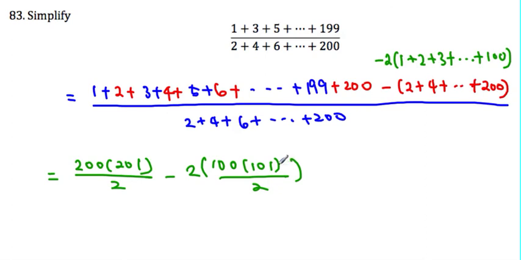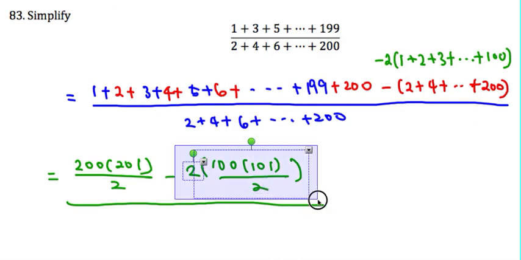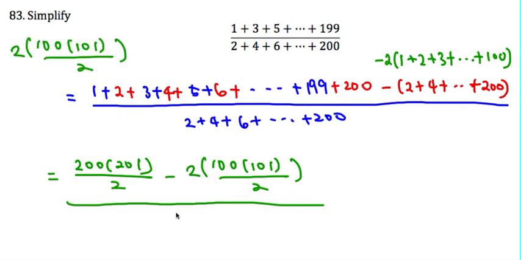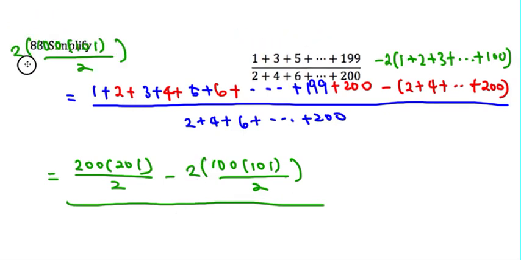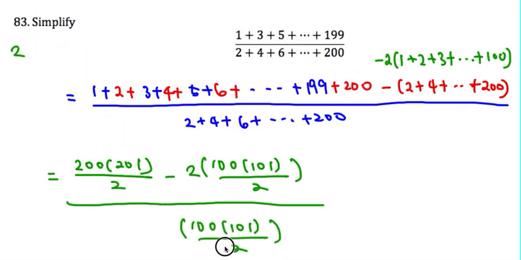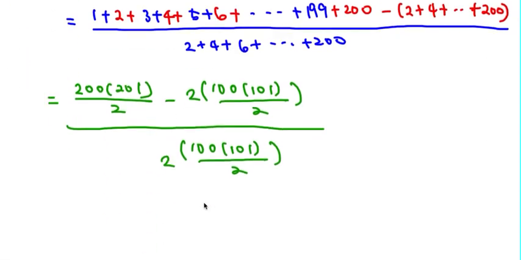Now, what's going to be happening is this. All over the denominator, since the denominator is exactly the same thing too, I can multiply that right over here. Then let us try to calculate things.